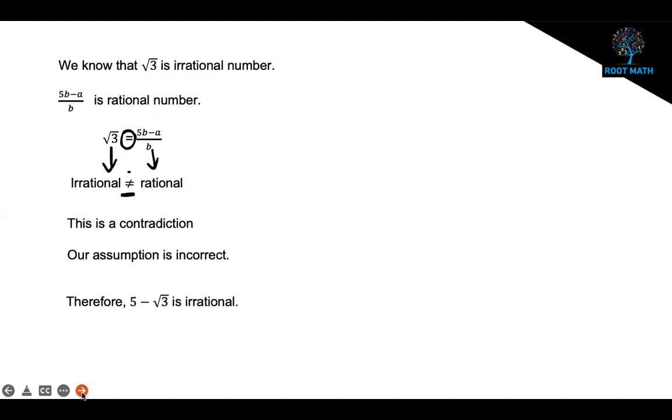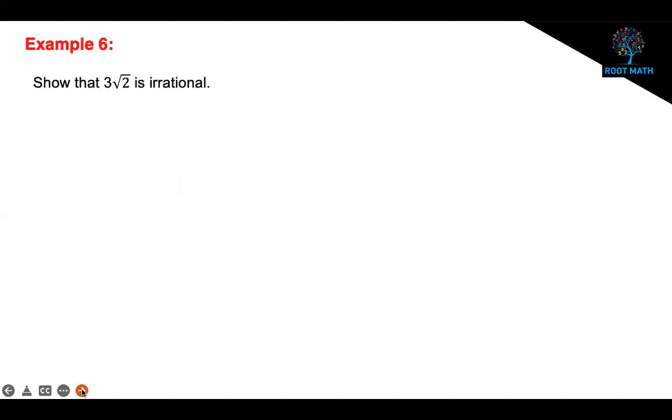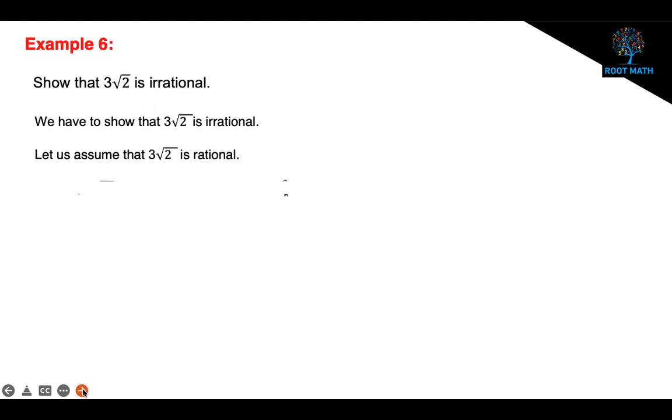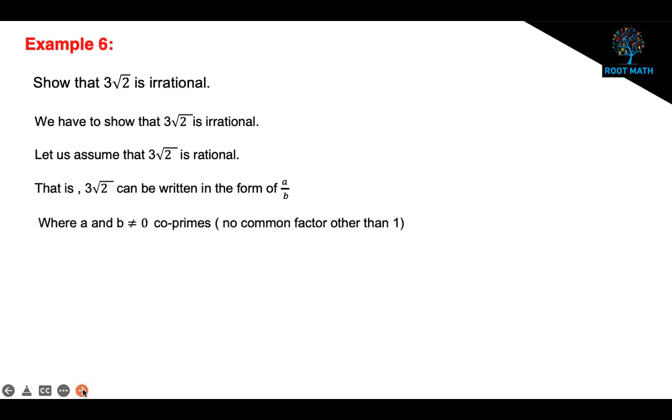Follow the same method and same statements for the rest of the problems where you want to prove some numbers are irrational. Okay, so 3 root 2 is irrational. For 3 root 2, consider it as rational, and then write 3 root 2 is equal to a over b, where a and b are integers, co-prime, and b not equal to 0. Keep only the root 2 here and bring the 3 to the other side. When you bring the 3 to the other side, it will come to the denominator, so root 2 is equal to a by 3b.